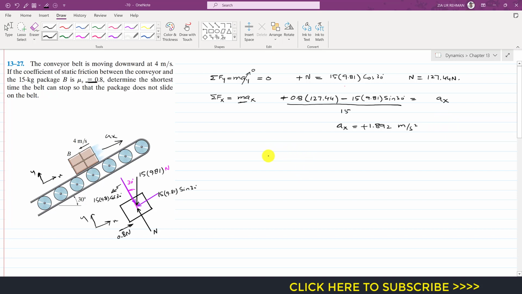Now, as we know, initially the package is moving with an initial velocity of 4 meters per second, and we know the acceleration AX, which is 1.892. Since we are required to determine the shortest time the belt can stop, the final velocity of the belt needs to be 0 meters per second. Then we are required to find the time.